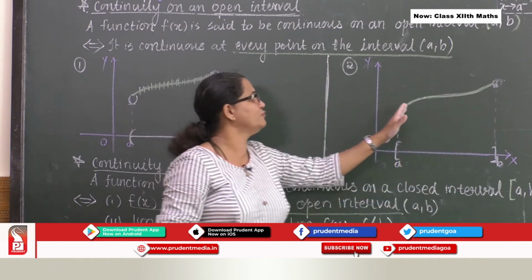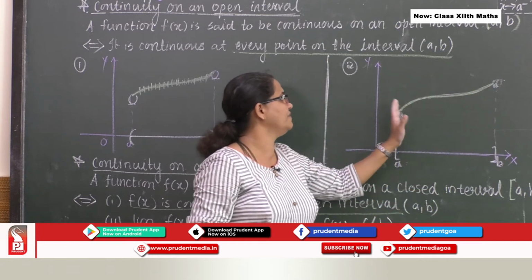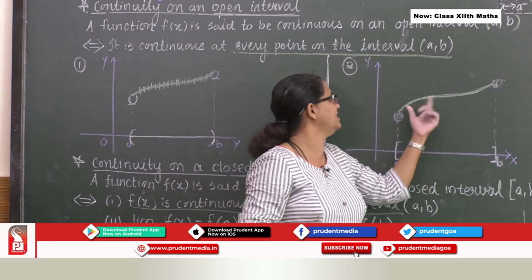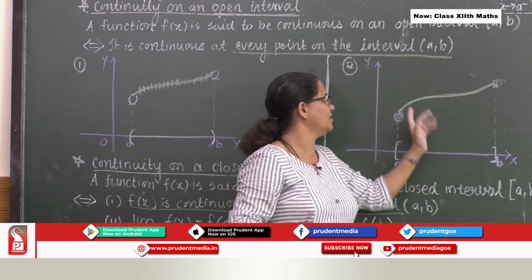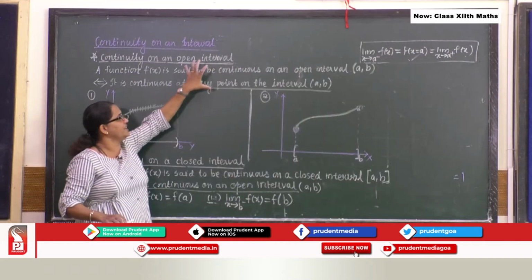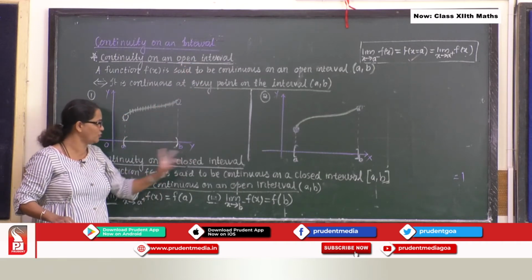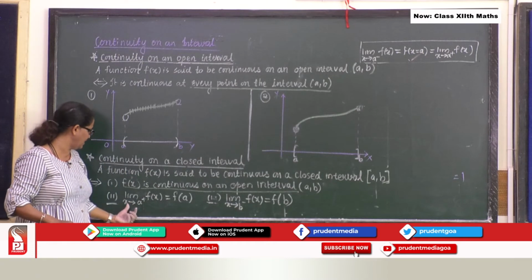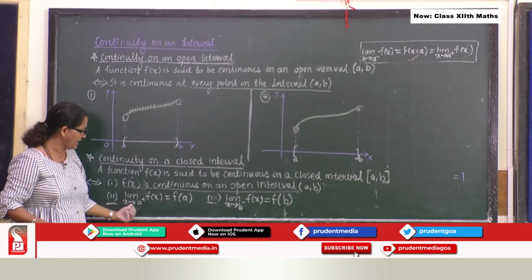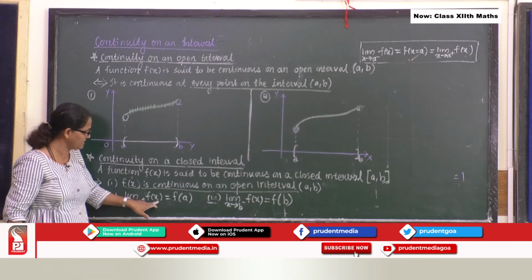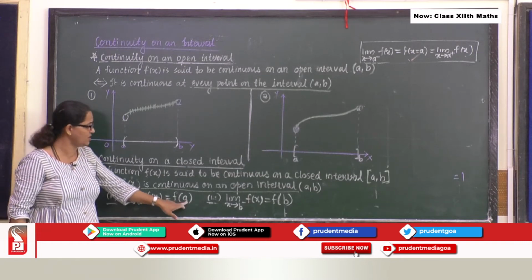You don't have to miss any point and we don't have to say the function is discontinuous over this curve. Okay, so whatever criteria are supposed to be satisfied here, that is the first condition for the closed interval. Let us proceed further. Second criteria, second condition: limit x tends to a plus f of x is equal to f of a.